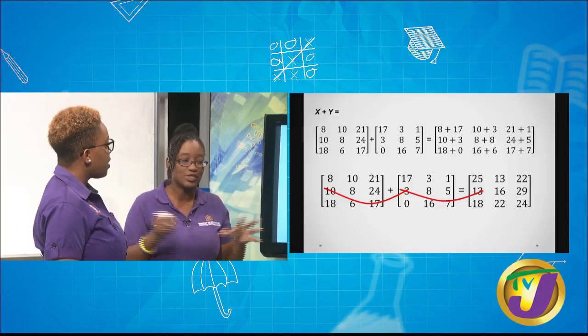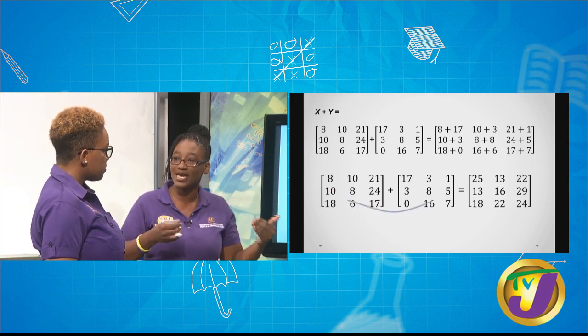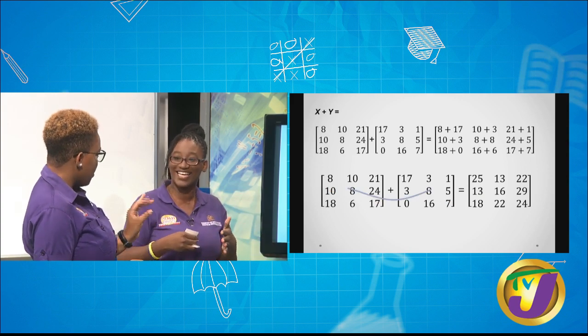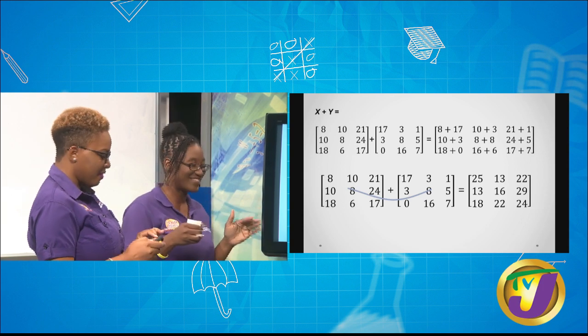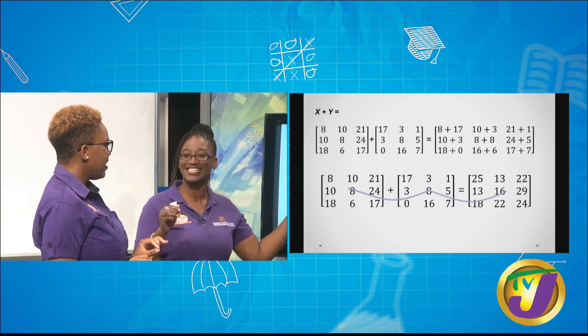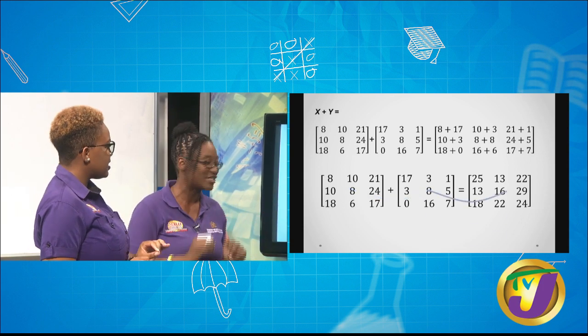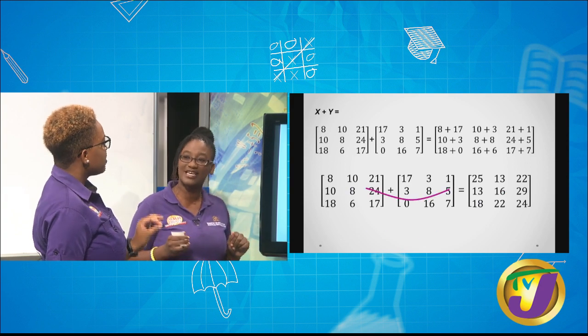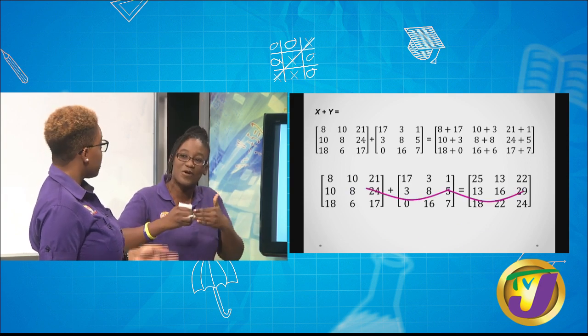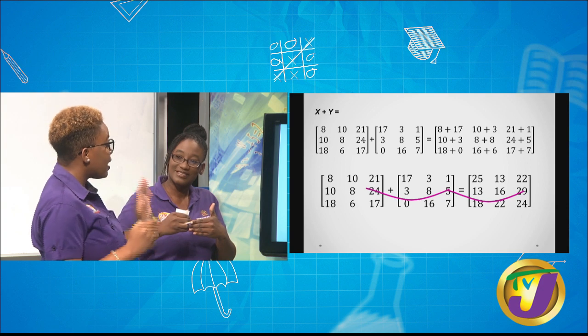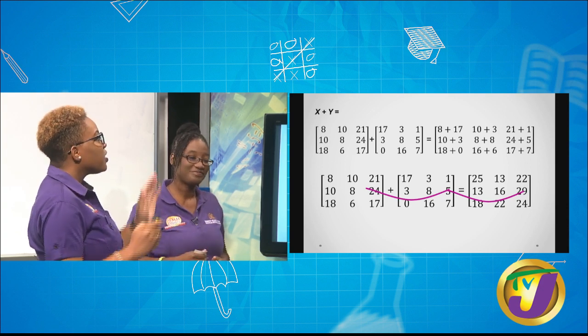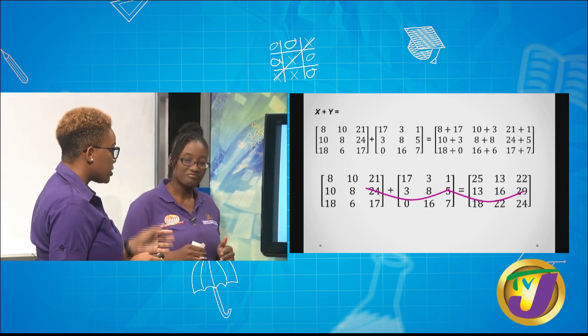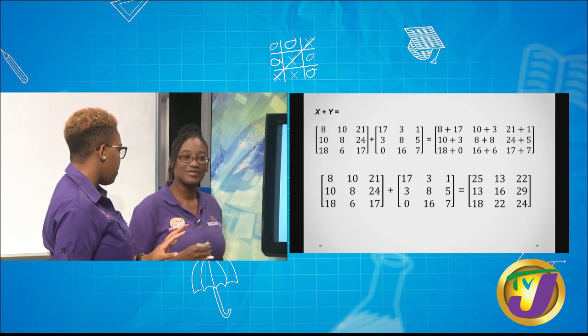So we're looking at corresponding elements. I like that word, corresponding. That's right. Corresponding elements in each matrix, and we just add those together. Sounds fairly easy. We just need to ensure that we're focused. Working with matrices, you have to be very focused because you can make the simplest of mistakes.